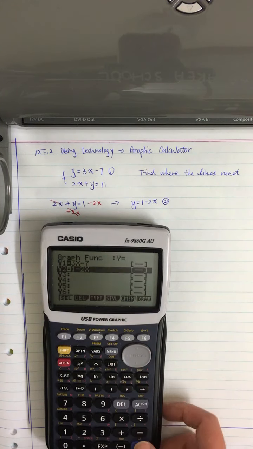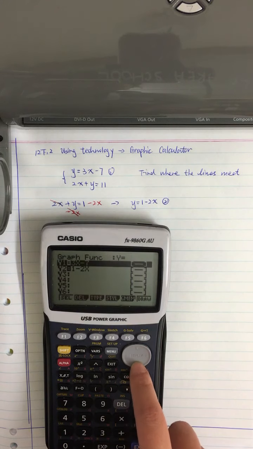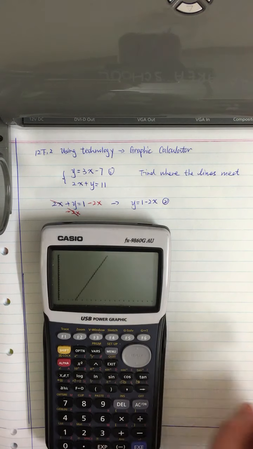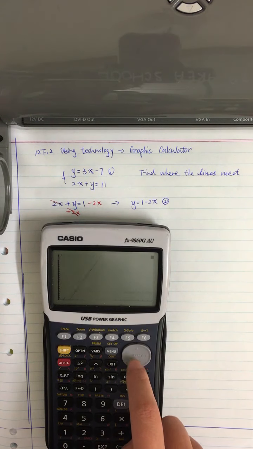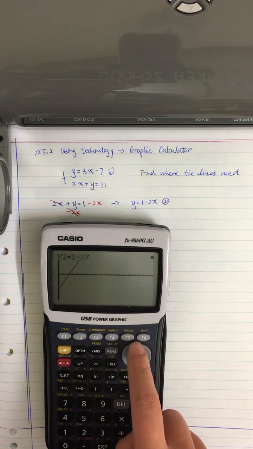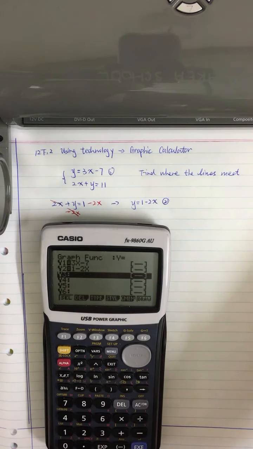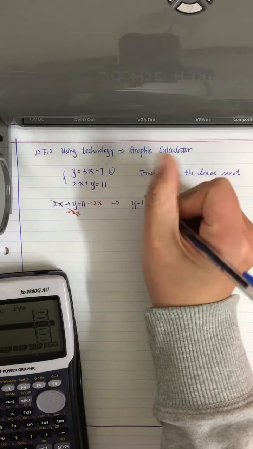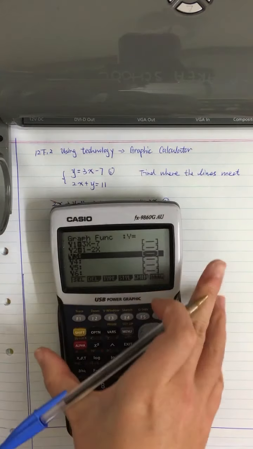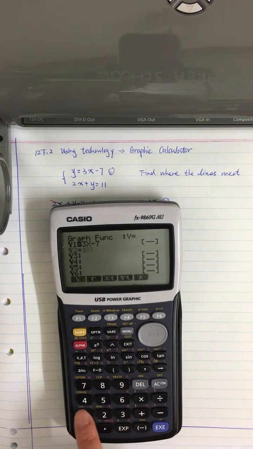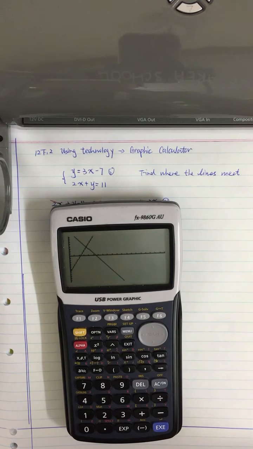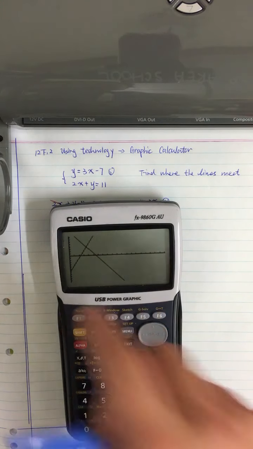I probably need to highlight both, so make sure the equal sign has been highlighted for both, then you can draw both. Oh, sorry, it's my mistake. It's not 1, it's actually 11. That's why we can't see the graph. Here we go. So we change the value to 11 take 2x. We need to be very careful. Then draw, and we'll see the two lines cross one another.